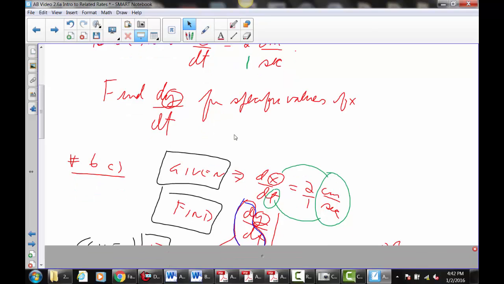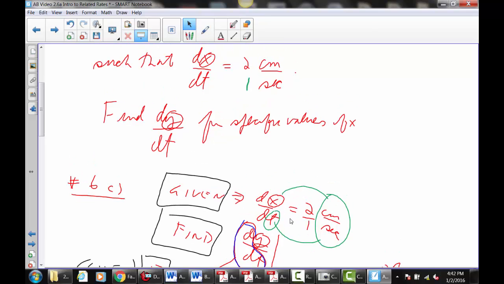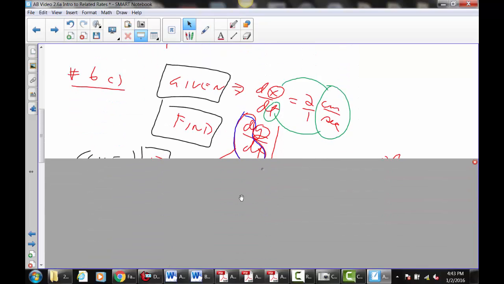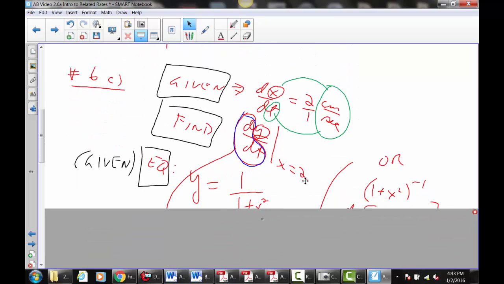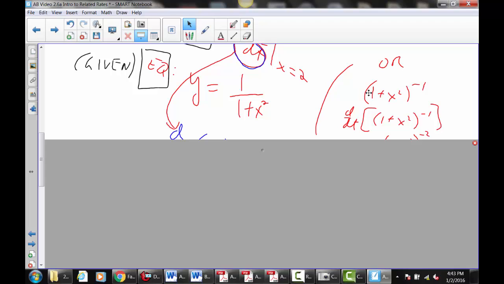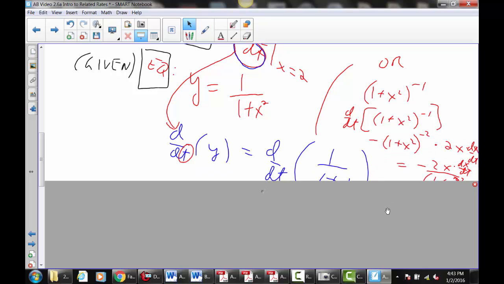Let's take number 6c. So you're given dx/dt is 2 centimeters per second. You're asked to find dy/dt, and you're asked to do it when x equals 2. Notice I use the bar for when x equals 2. So what we're going to do, and they give you the equation. Now, there's various ways you could deal with this. You could rewrite y as y equals (1 plus x squared) to the negative 1, and then do a chain rule with that.